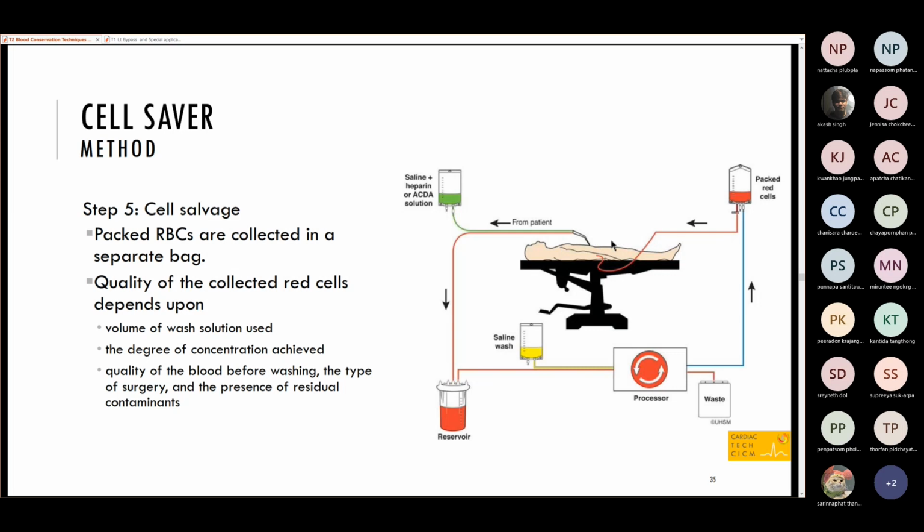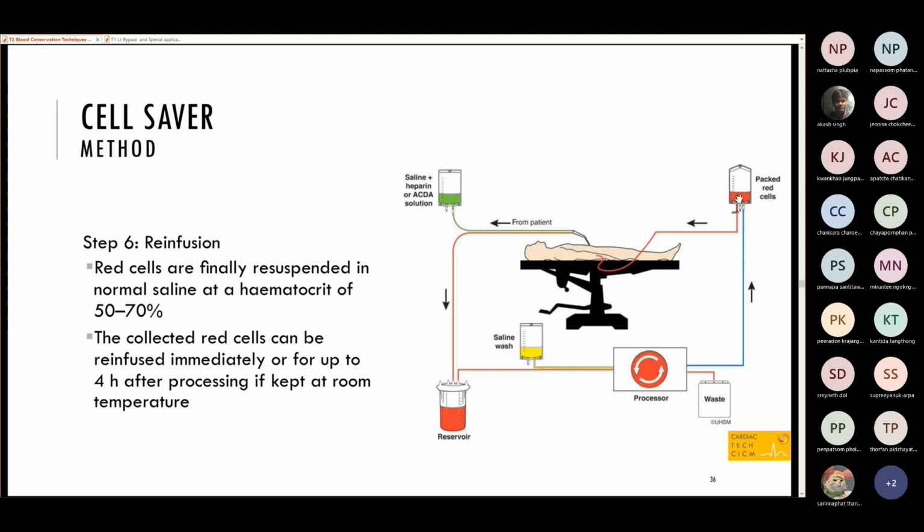If the patient has high hematocrit, the output is going to be high also, right? The quality of blood before washing matters, I mean any contaminants or any other stuff mixing in from the operative field, because if there is a lot of mixing or hemodilution, it quite affects the output also.